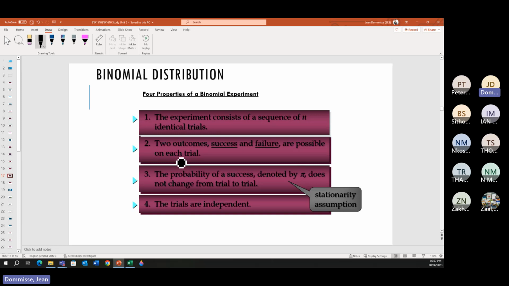So just be careful with binomial, what they're talking about. Are you looking for the success in it, or are you looking for the failure?